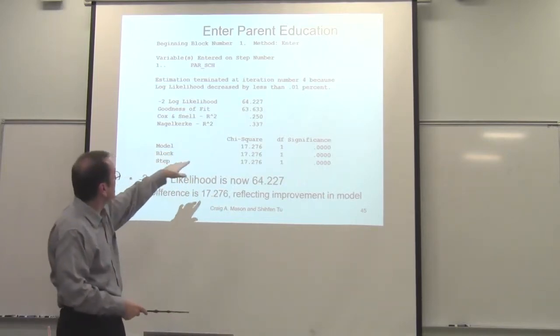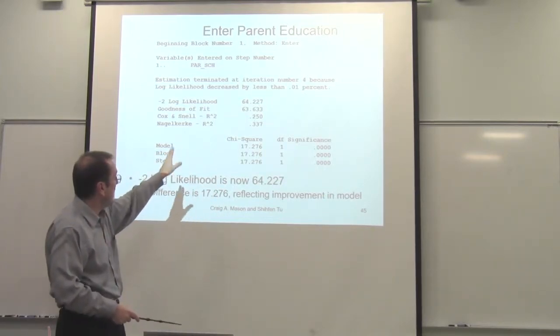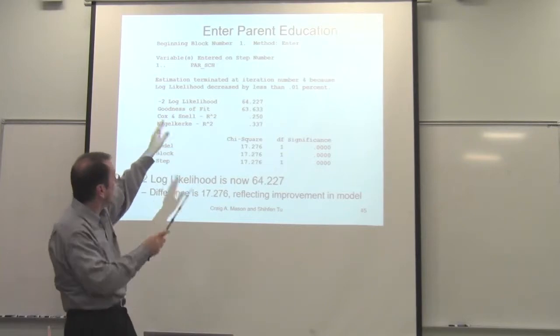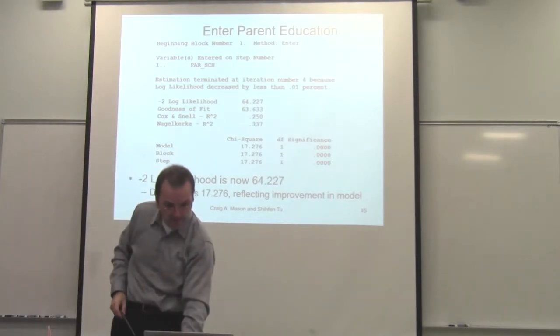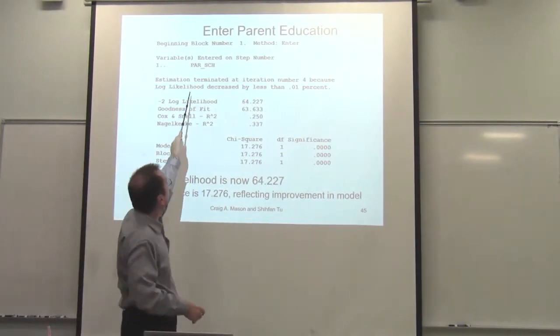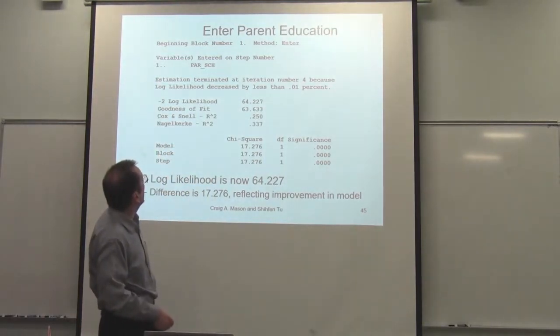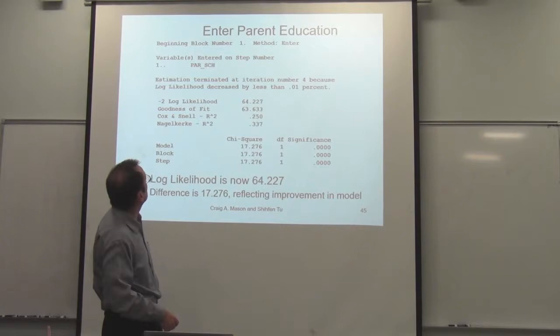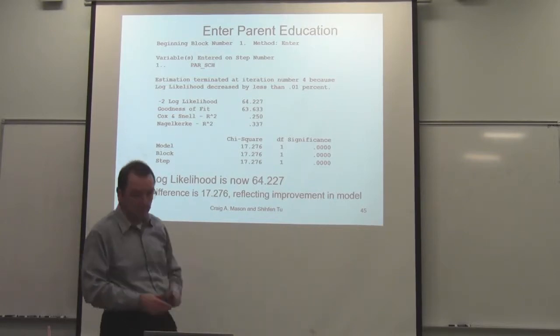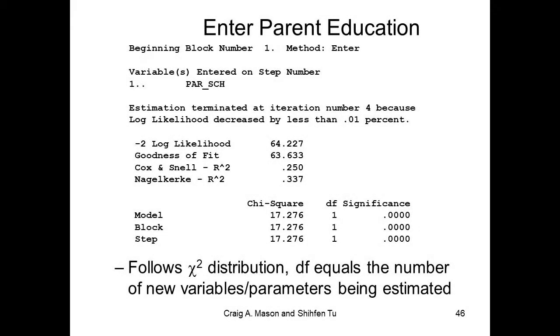Notice it doesn't tell us the regression coefficients anywhere here yet. There's all sorts of stuff here, like iterations and maximum likelihood, but we won't worry about that. We just talked about this: the degrees of freedom equal the number of variables we've added.